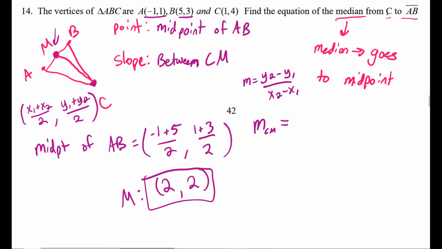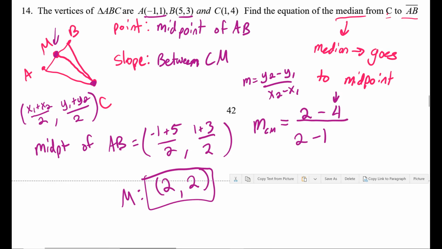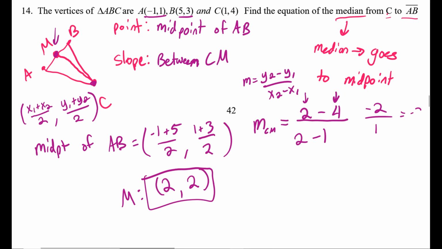So the change in y over the change in x. So in this case, I'm going to make it 2 minus 4 over 2 minus 1, where those are the coordinates for C and those are the coordinates for M. So 2 minus 4 is just negative 2. 2 minus 1 is just 1. So the slope in this case of CM is just negative 2.